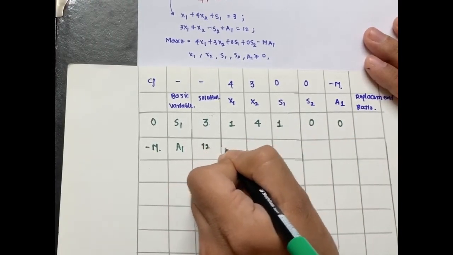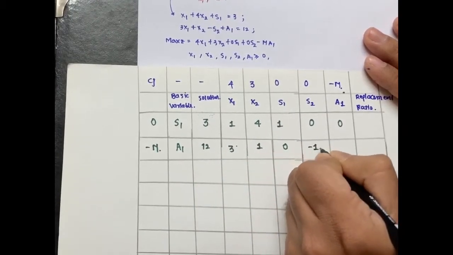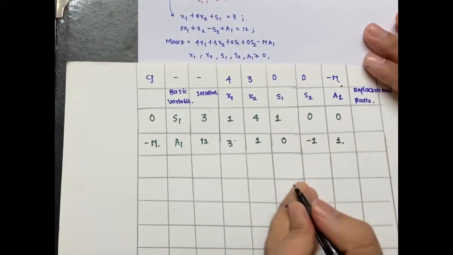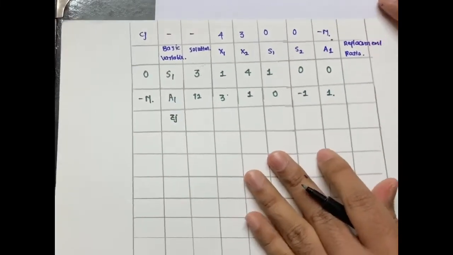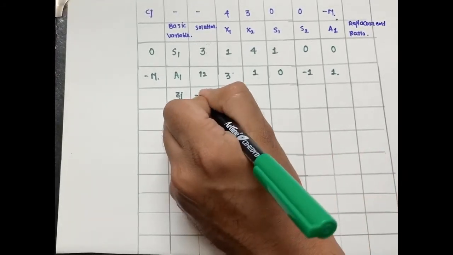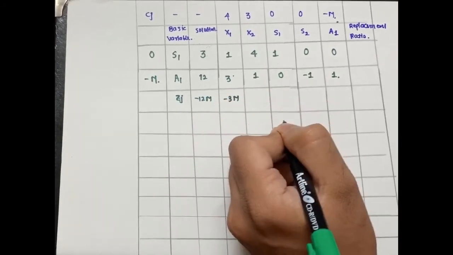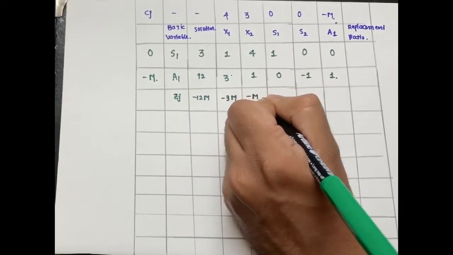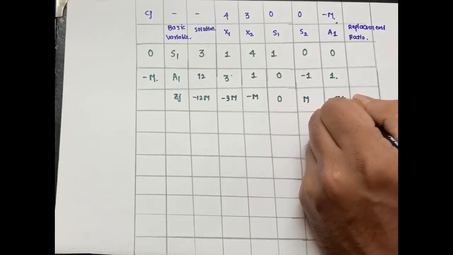This is 12, 3, 1, 0, minus 1 and 1. If I write the Zj row here, it is minus 12M, minus 3M, minus M, 0, plus M, and this will be minus M.